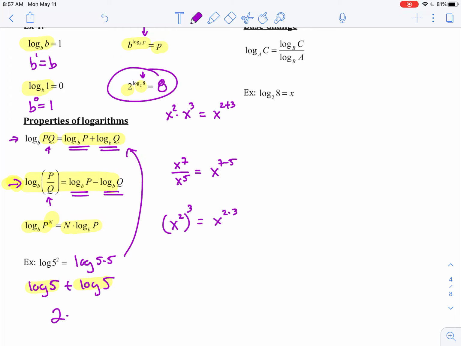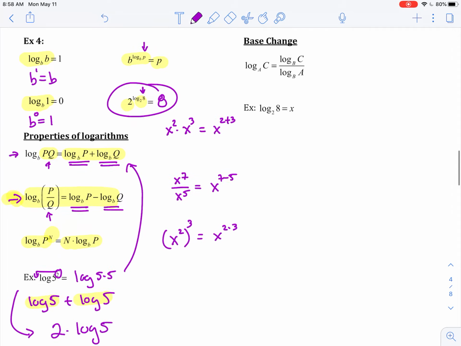So I have 2 log 5s, which is the exact same thing as if we had taken that exponent and just brought it down in front, and we would have gotten 2 times the log of 5. Okay.